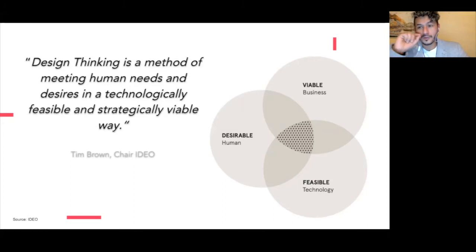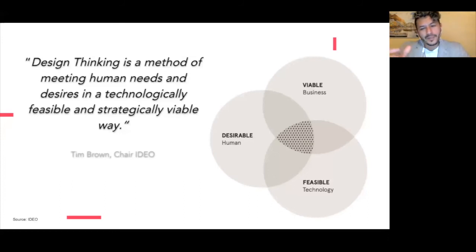A solution that will meet human needs. That is called desirability: there is someone out there who desires your product. The second is technology feasibility: that you can actually build that solution, that the technology is available right now, so you don't have to wait 5 or 10 years to build it.